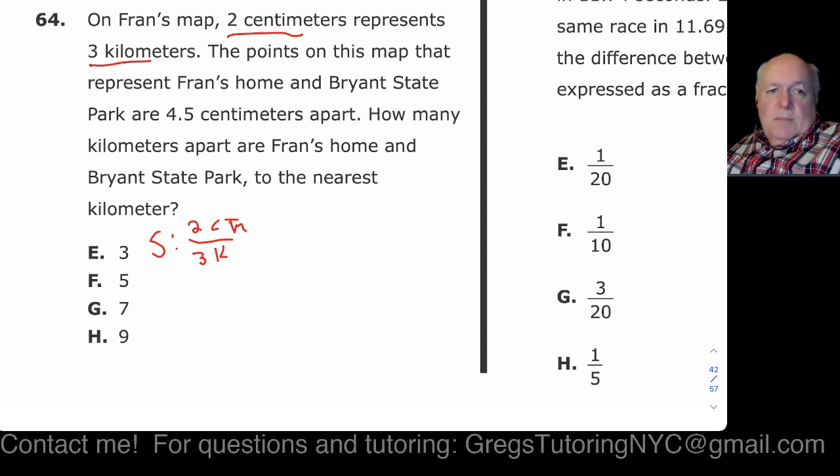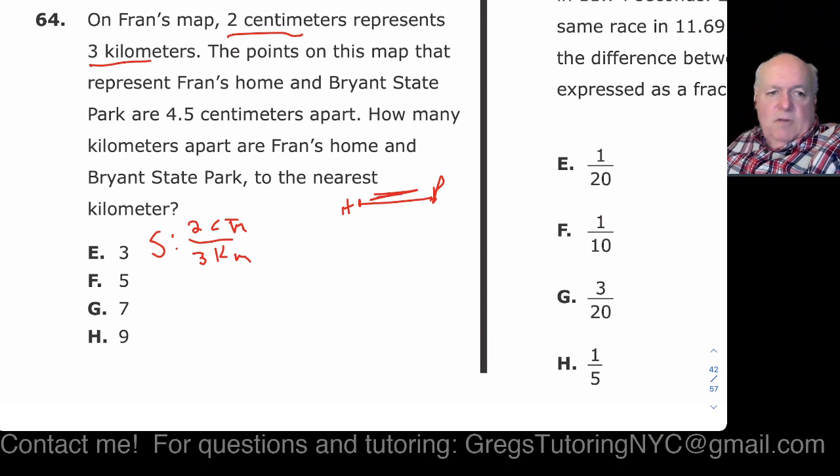It says the points on this map represent Fran's home and Bryant Park State Park, which are 4.5 centimeters apart. So if we were to draw it out, Fran's home is here and the park is over here.